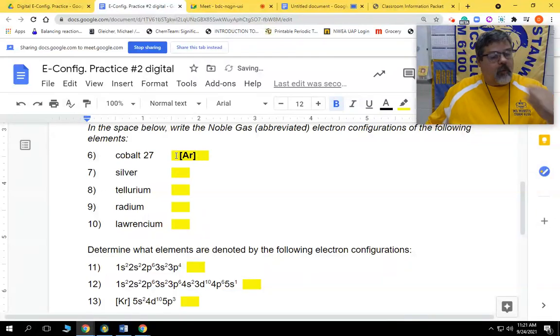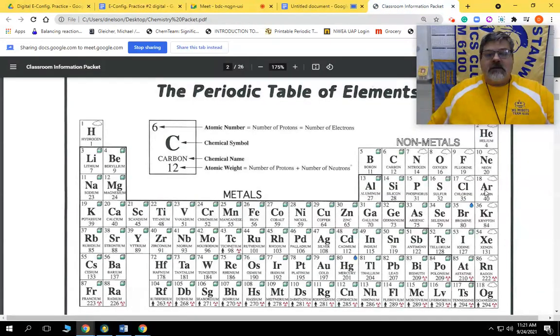One thing you've got to remember, we're trying to get to 27. Argon is 18, so we have to start back over here. Again, we're going to start with this energy level, 1, 2, 3, 4. So we start with 4s2. Then we remember d's are one less, so it'll be 3d until we get over to cobalt: 1, 2, 3, 4, 5, 6, 7.